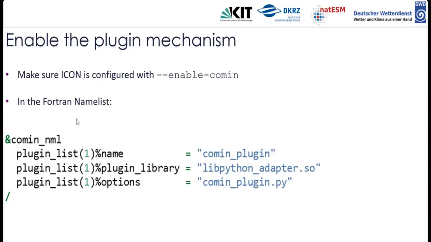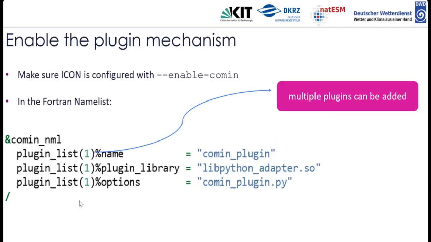And once you have your plugin, you can specify it in the Fortran namelist, in the ComIn namelist, and then you have your plugin activated. As you can see here, I added one plugin, but multiple ones can be added. You can register as many plugins as you want.